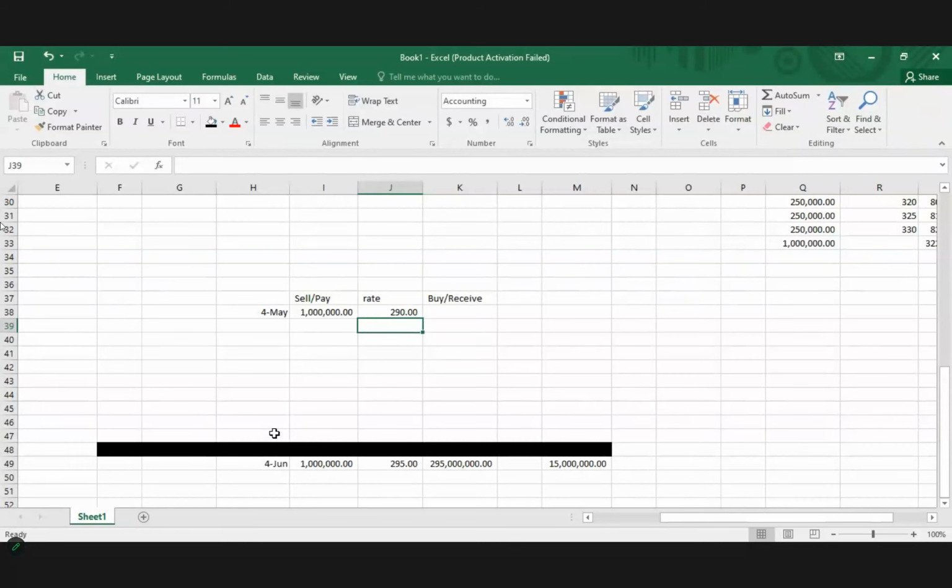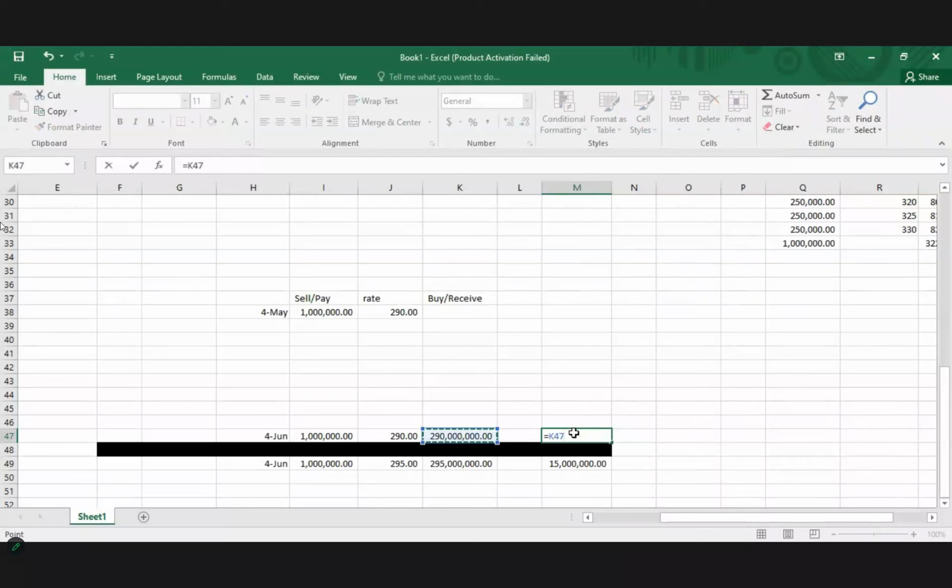My new transaction for June will happen at what rate? 290. Now what happens? Profit gets reduced. No, I incur a loss. Yes, yes. We'll have to pay 295.